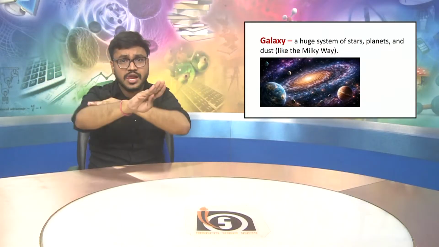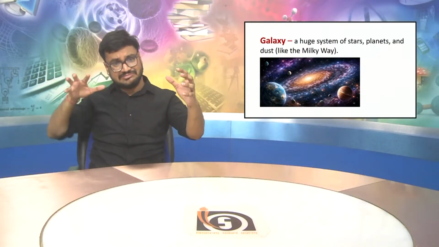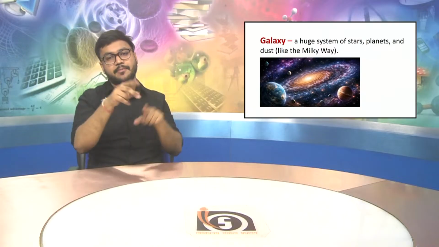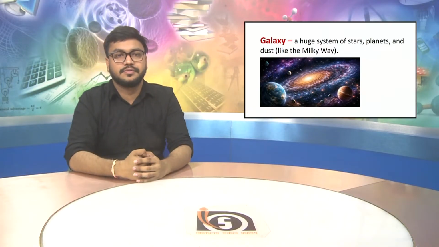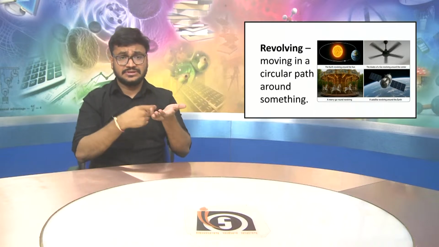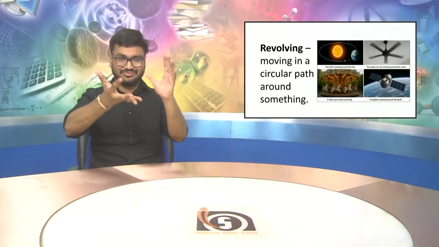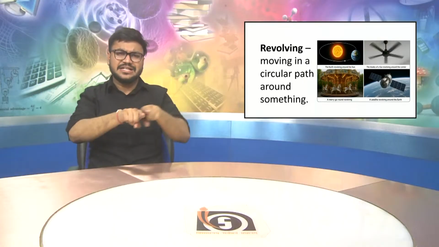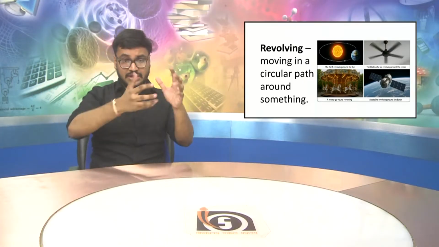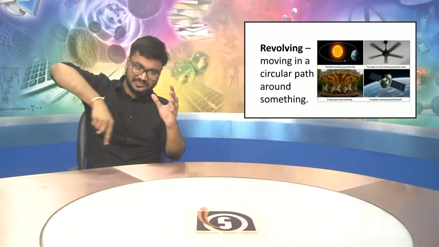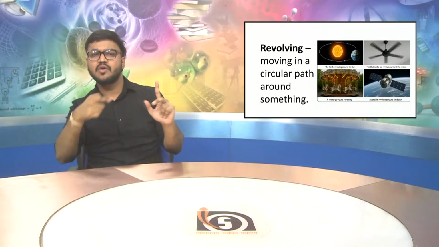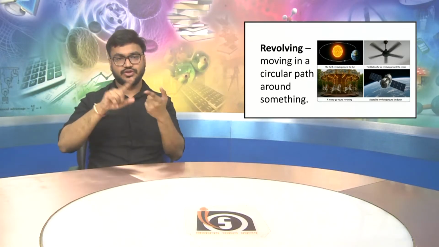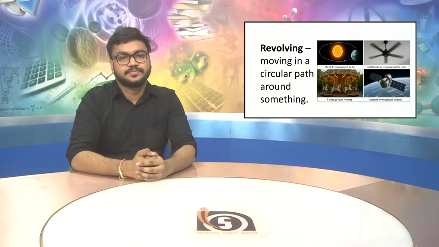A galaxy is a huge system of stars, planets and dust, like the Milky Way. Next is revolving. Revolving means moving in a circular path around something, like a satellite revolving around the earth or a merry-go-round revolving.